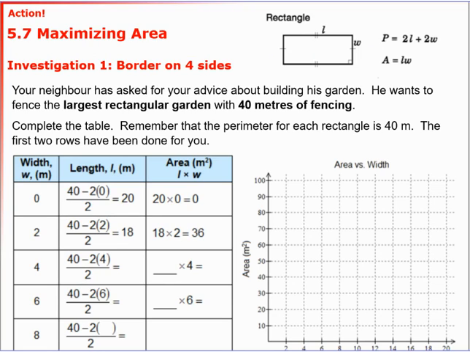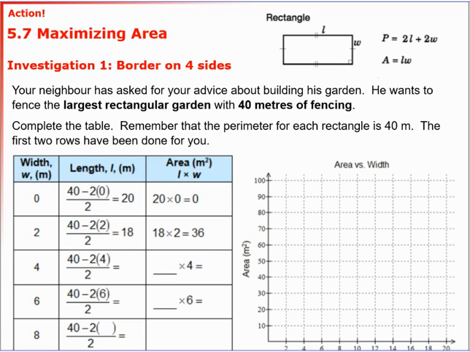Well, we're going to figure out by doing an investigation. Now, ideally, you would have done this ahead of time. You would have tried it with a partner or tried it on your own. We're investigating the border of 4 sides. Your neighbor has asked your advice about building a garden.